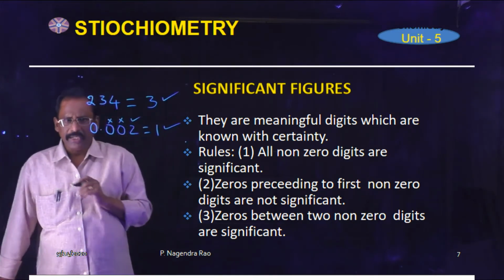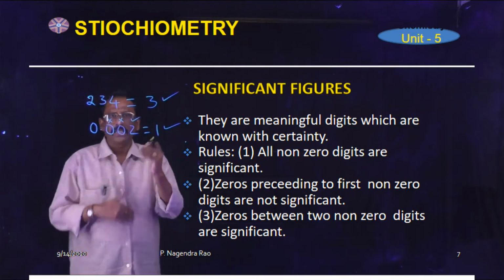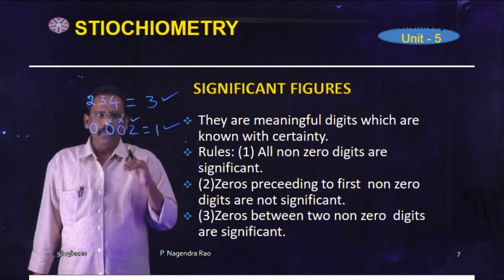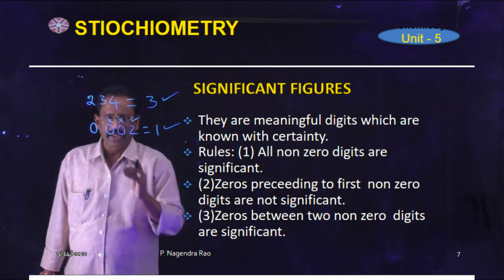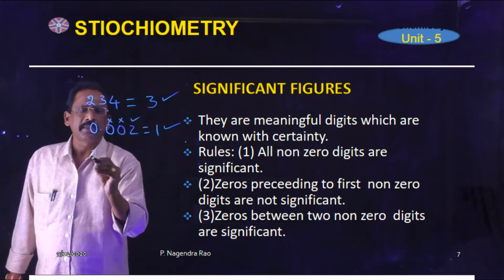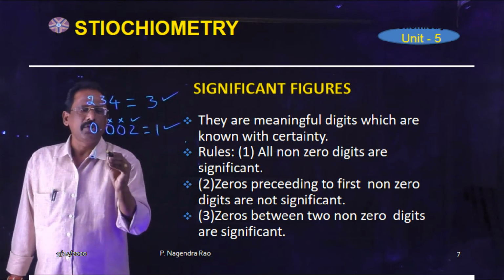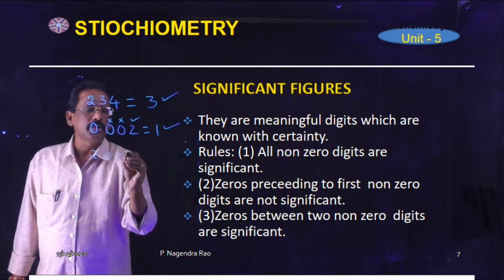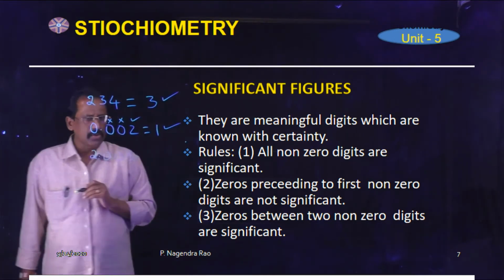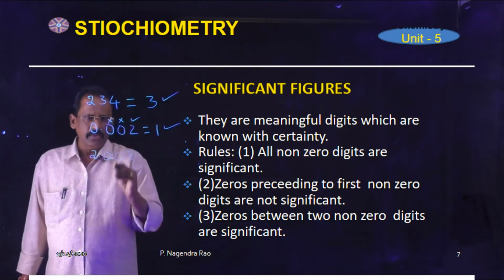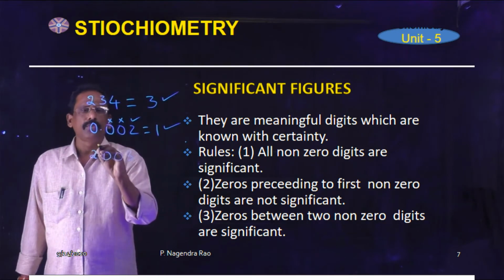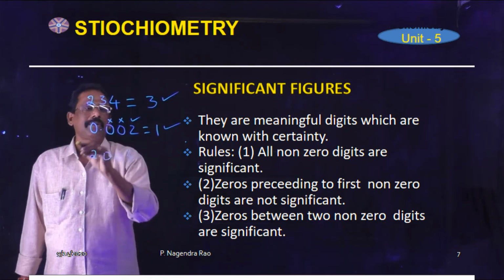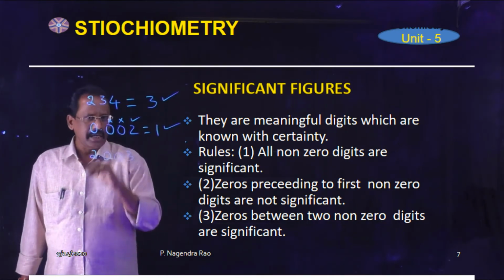Now the third rule is, if zeros are present in between two non-zero digits, they are significant. For example, if it is this value 2.003, here two zeros are present in between the two non-zero digits. That's why they are also countable.